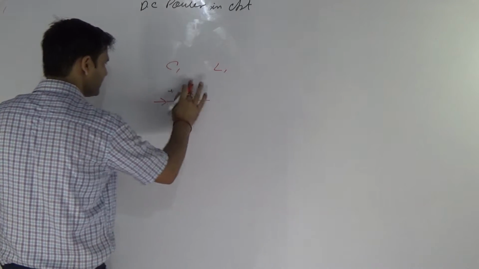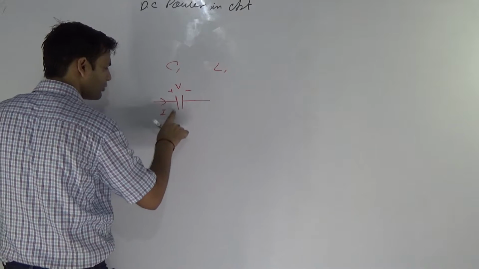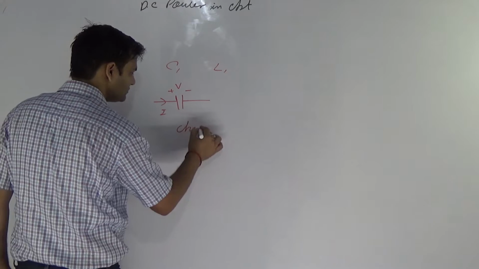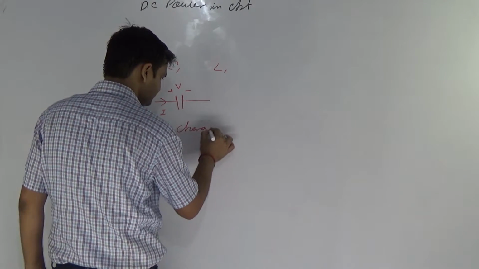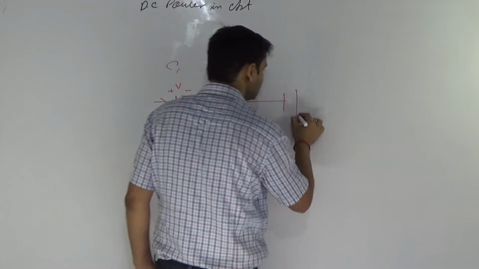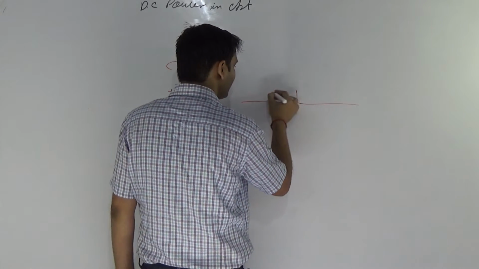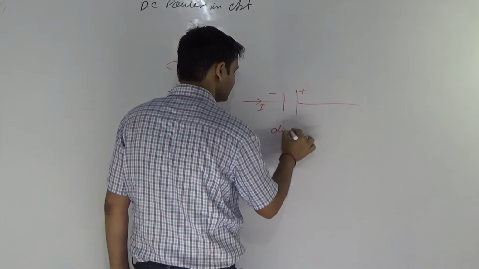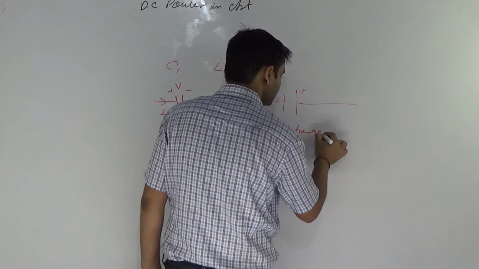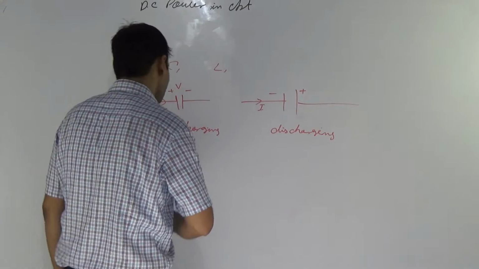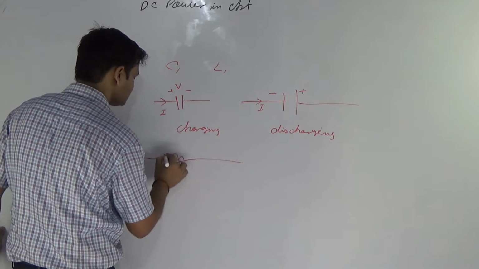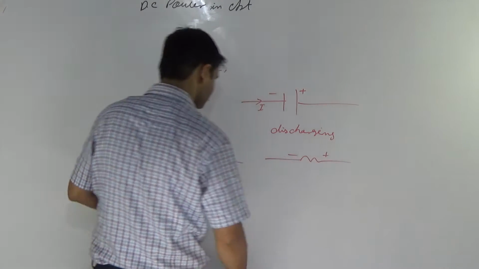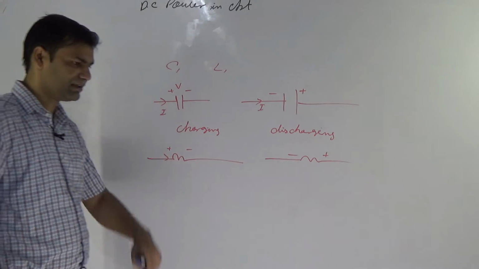This is V. If current is flowing from plus to minus, it means charging. If current is flowing from minus to plus, it means discharging. Same concept for the inductor: plus minus, minus plus, charging, discharging.